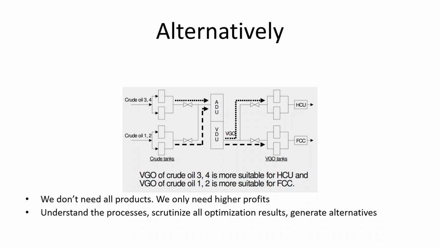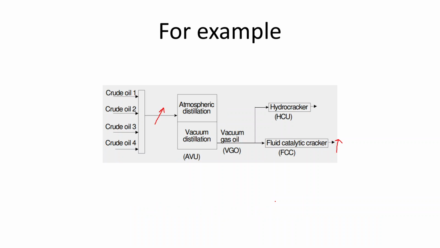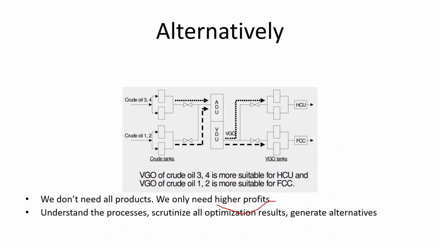what we need is only higher profits, right? What we need is a higher profit. It does not necessarily mean, say for example, if they say, well, we have a 10% demand increase in a certain area, that doesn't necessarily mean that we will have to provide that 10%. You can follow? Okay, say for example, if they need a gasoline increase of 10% in your area, that doesn't necessarily mean that your plant will have to produce that 10%, right?